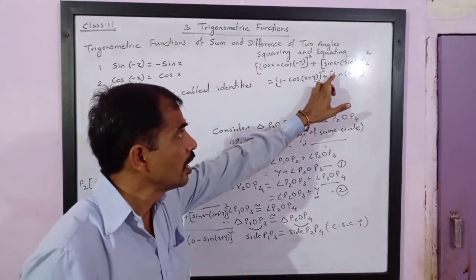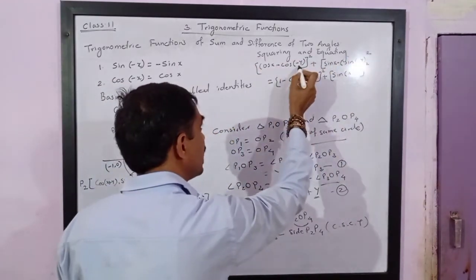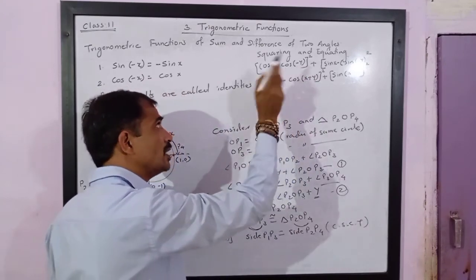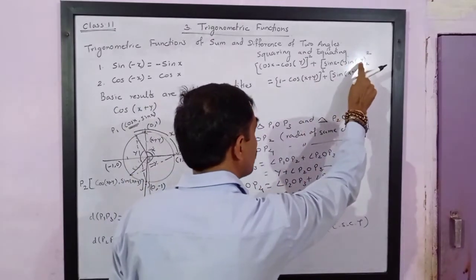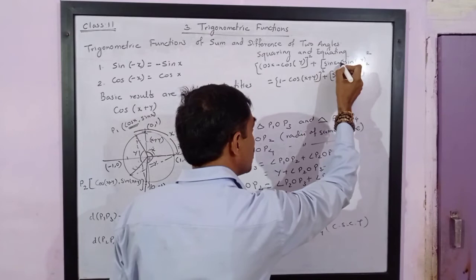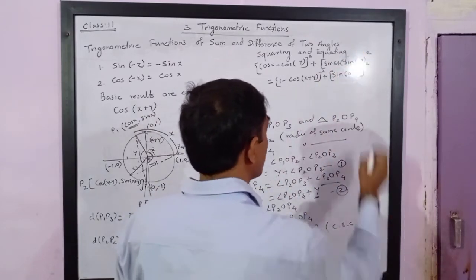Now we will take this negative angle, cos of minus x, cos of minus y is equal to cos y itself, and sin of minus y is equal to minus sin y, so this becomes minus minus, this becomes plus, and we will get sin of plus y bracket square.